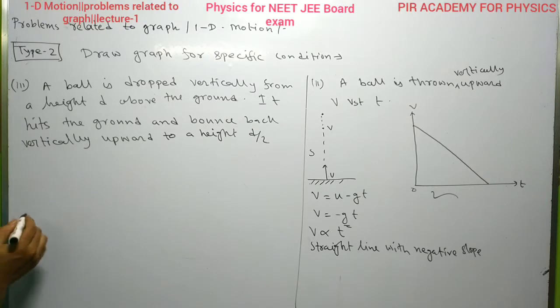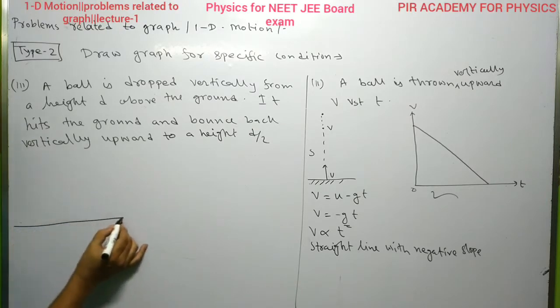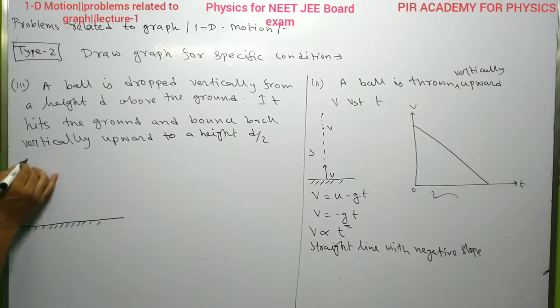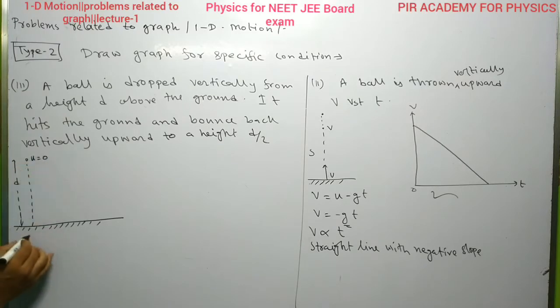So this is the ground. First, a particle is dropped from height d. Then at this point the velocity is 0. When the particle reaches the ground, the velocity will be v equals gt.